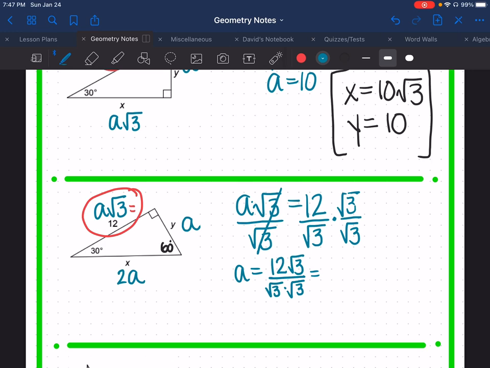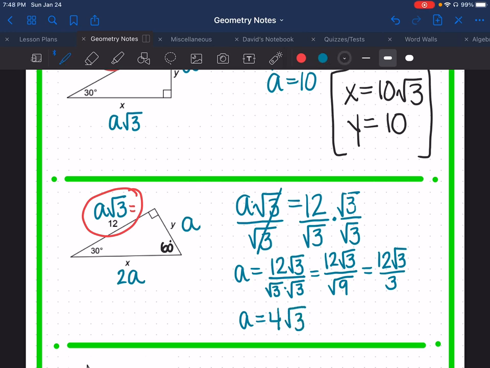On the bottom, in the denominator, since they are both underneath the square root, I can write them as the square root of 9, 3 times 3. I know the square root of 9 is 3. And I know that 12 divided by 3 is 4. Here is my a value.